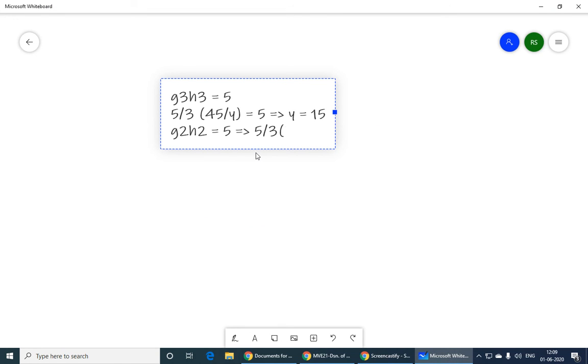So that is going to be 30 divided by X, which means X equal to, you can solve for X, which will give us 10.